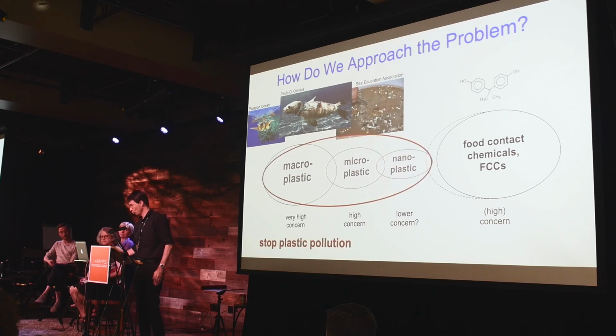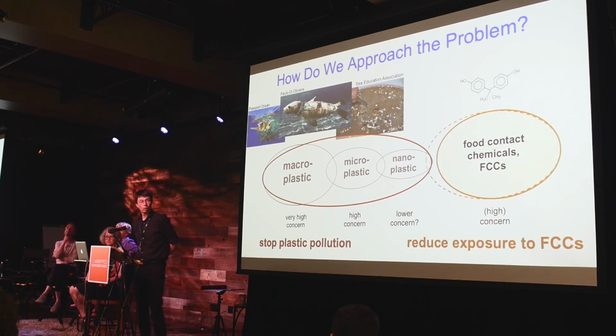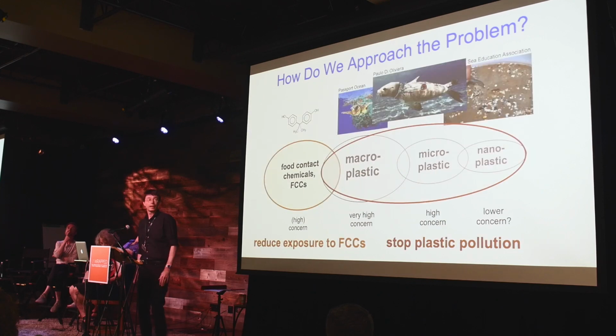So in a way, we have to do a lot of work just practically to stop plastic pollution. That's one thing. And on the other hand, we also have to work on reducing the exposure to food contact chemicals. And if it's shown in this way, the two things look a bit disconnected. But of course, there's a lot of overlap. So if we turn this around, it looks like this. And there is a lot of overlap between the problem of food contact chemical exposure and use of plastic in food packaging.